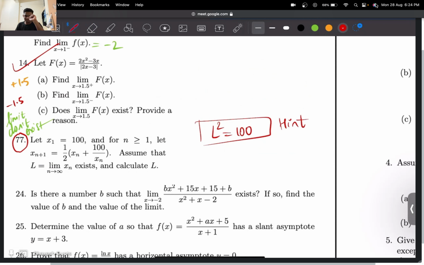So basically, what you have over here is that you are just trying to understand the limiting value of this sequence here, and in the question they have told you that the limit exists, and you need to calculate the limiting value in this case.